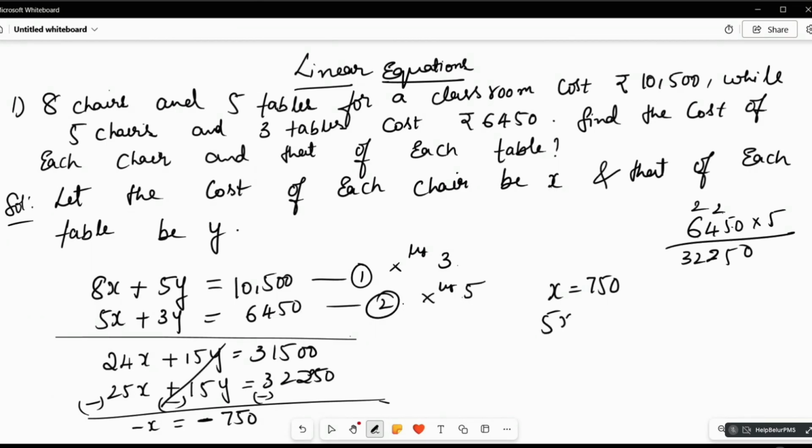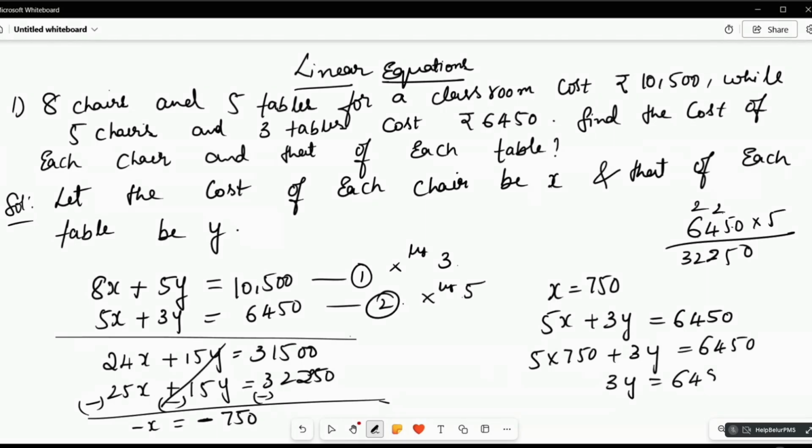So x is equal to 750, 5 into 750 plus 3y is equal to 6450, or 3y is equal to 6450 minus 750 into 5. How much is 750 into 5? 3750.